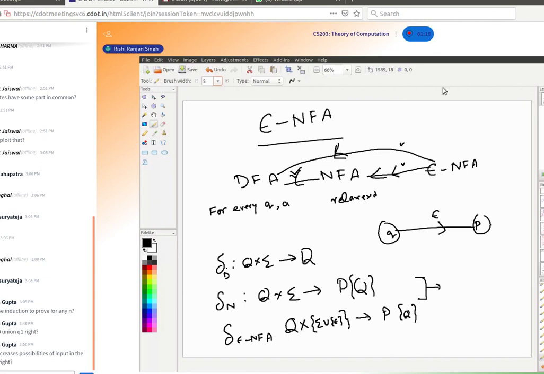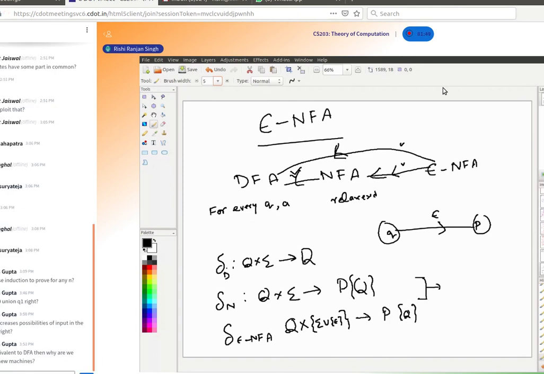So the languages recognized by ENFAs are the same as the languages recognized by NFAs and DFAs. The power in terms of recognizing or expressing languages, or solving the set membership problem, is the same for all three machines.